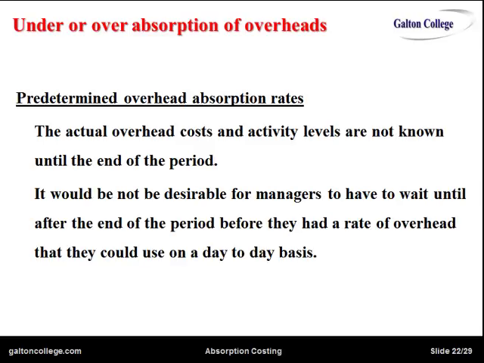So for that reason, generally speaking, this allocation of overheads is done before the end of the accounting period. So managers have some guidelines as to what the costs are. They don't have to wait until the end to get the figure, because they need the figure as they work over that period.